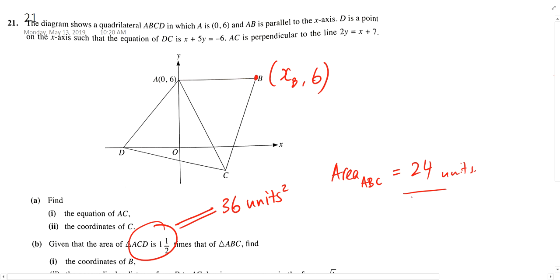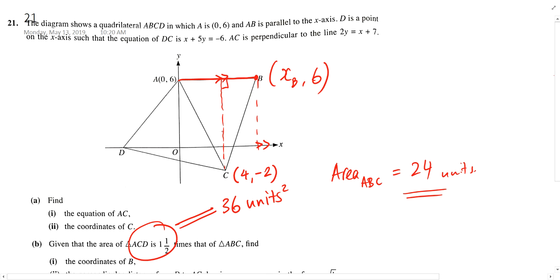If this is 24 square units and this is parallel to the x-axis, then this can be my baseline, and this will be my perpendicular height. What are the coordinates of C from A part 2? 4, negative 2.